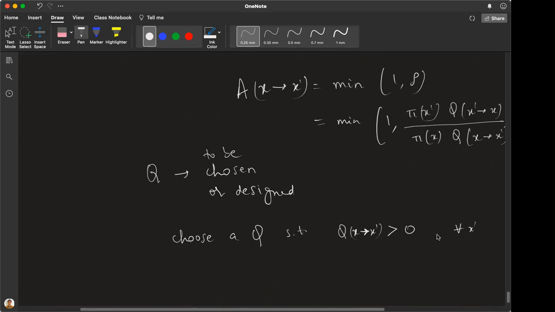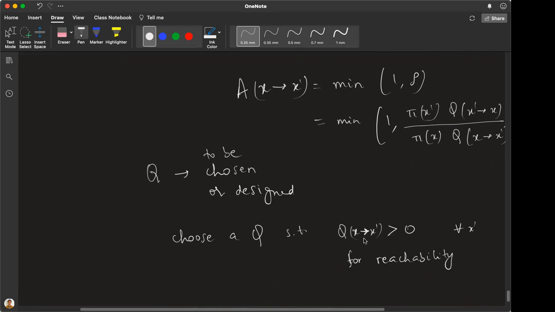Why? This allows reachability basically. Because if it is 0 for some particular x dash, then you may never be able to reach that x dash, and your ergodicity property may not be satisfied.